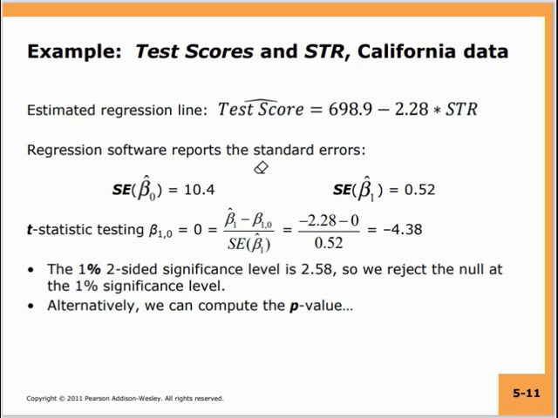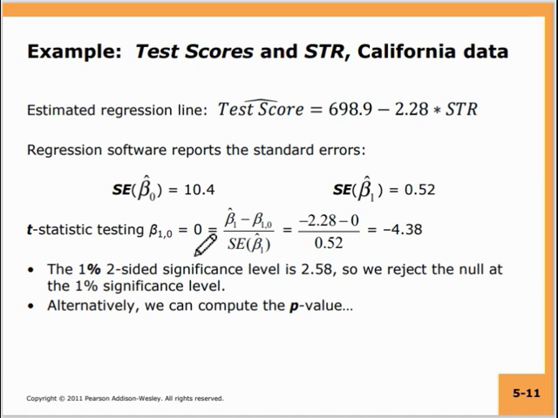The regression software reports the standard errors. So the standard error in this particular case, from that complicated looking formula, the software has told you that the standard error for beta 0 hat is 10.4 and the standard error for beta 1 hat is 0.52.